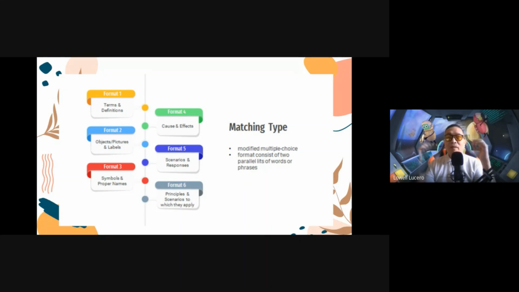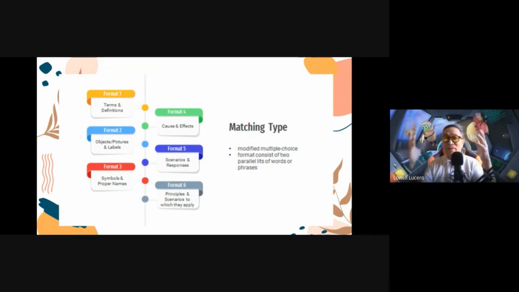Unlike the match type test, the multiple choice test is more flexible, because it can measure from low level up to higher level thinking. It encourages critical thinking if properly constructed. Match type is basically more on the low level, and so is true or false.